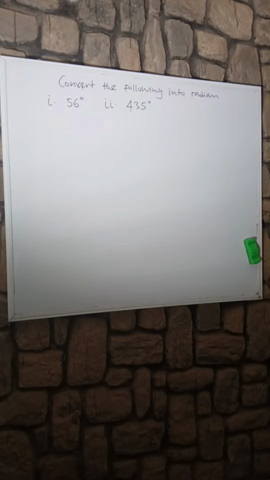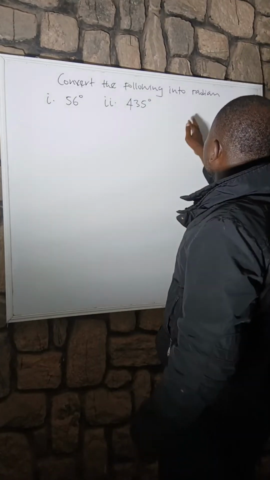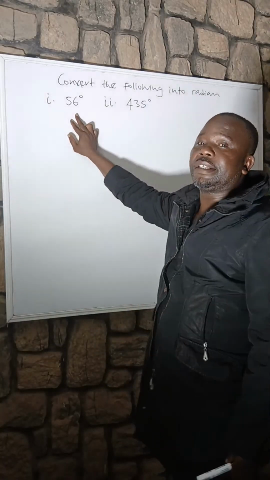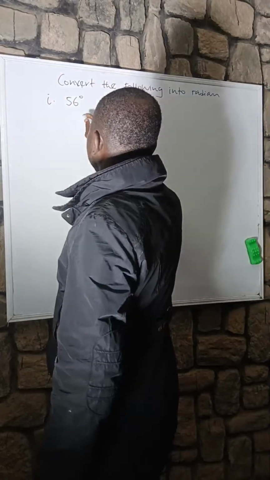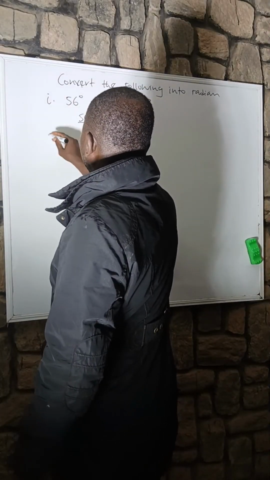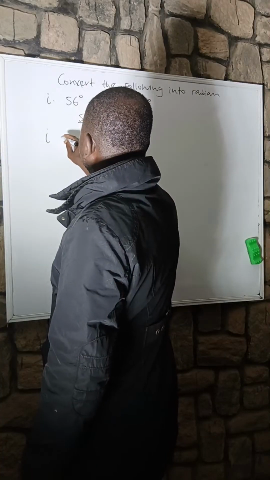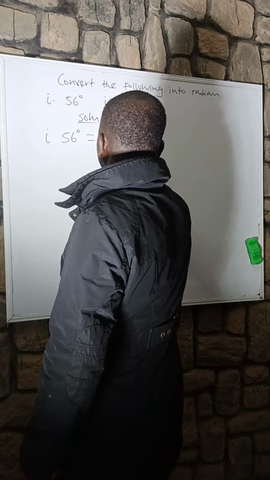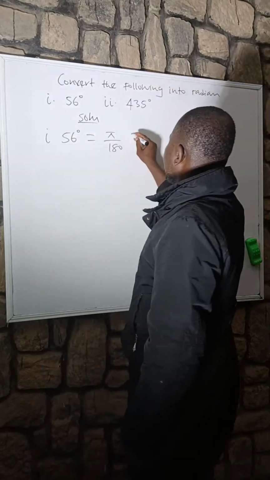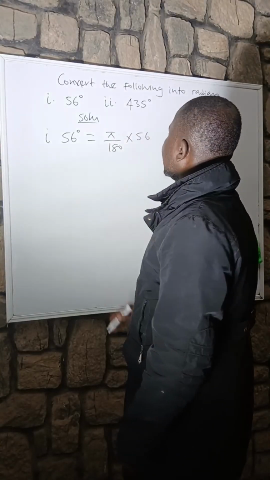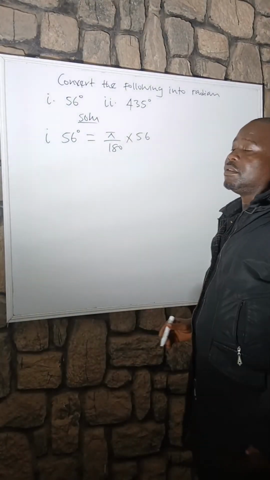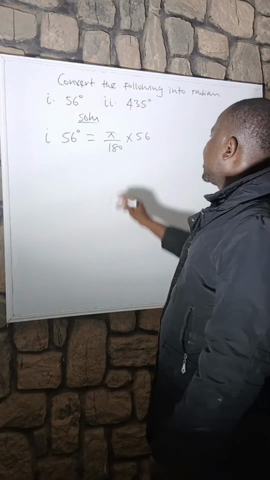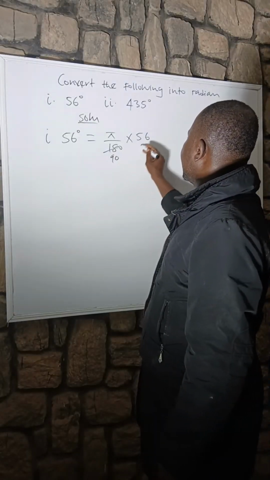If you want to convert the following into radian, since they are already in degrees, what you need is nothing but our i. 56 degrees is equal to pi all over 180 times 56 degrees. That's how you've converted it to radian. You don't need a prophet to tell you this, and this cancels, 90 degrees.